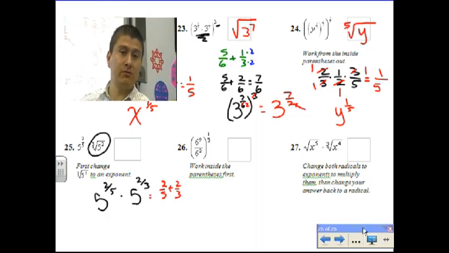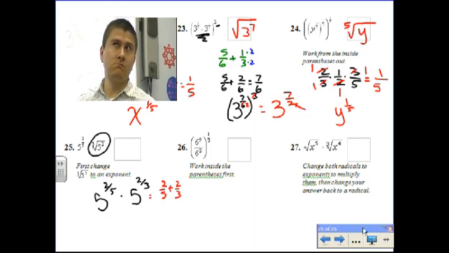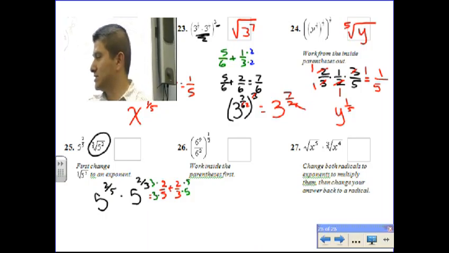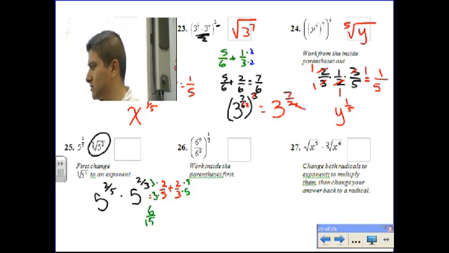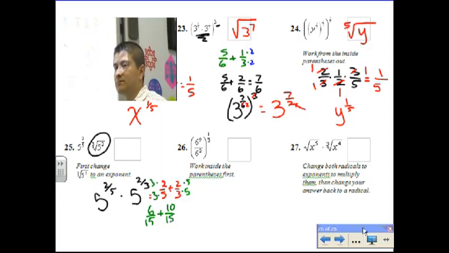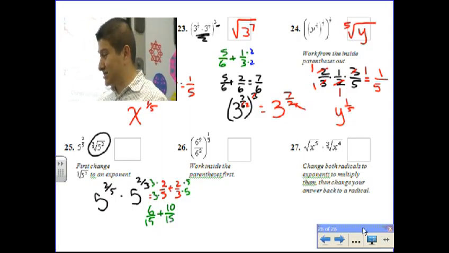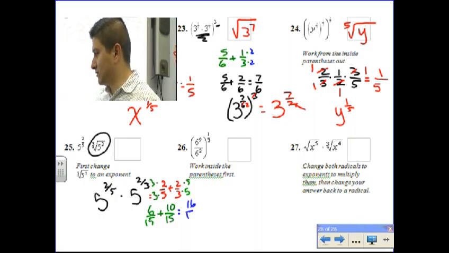What's the common denominator between 5 and 3? You figured it out? Yeah, I figured it out. 15. Multiply by 3, multiply by 5. So that's going to give me 6 over 15 plus 10 over 15. Add it, so we get 16 over 15.